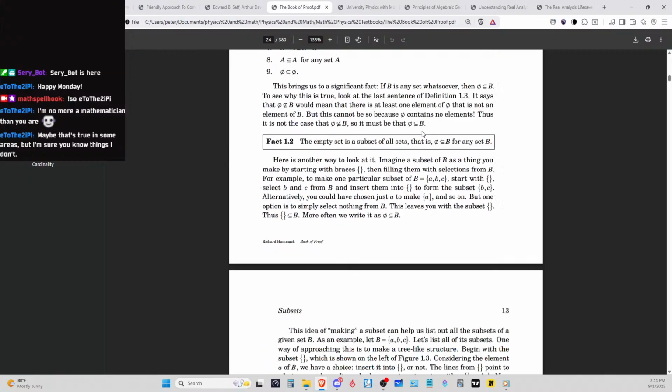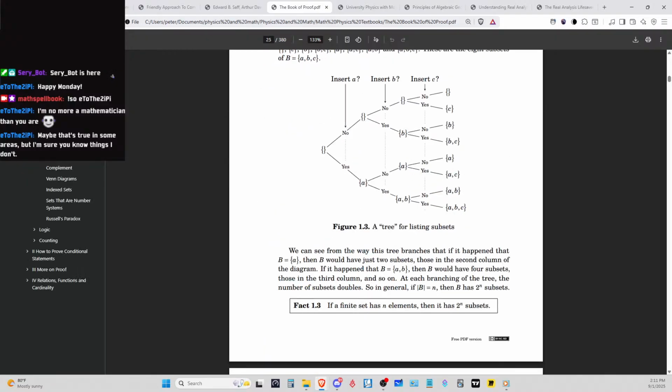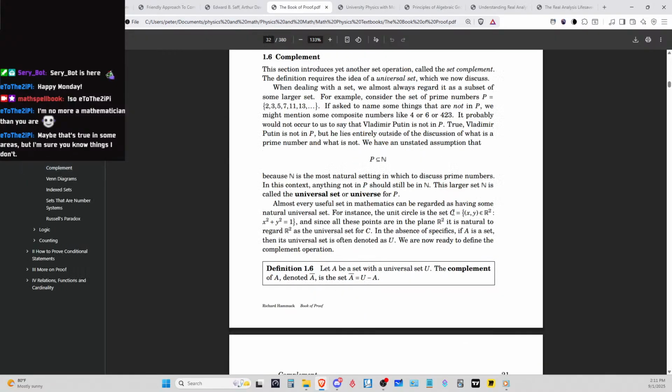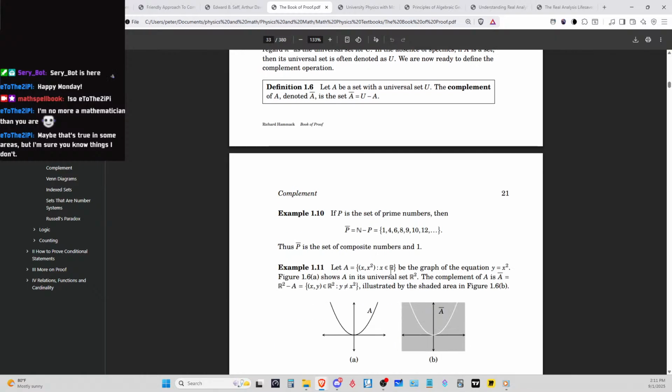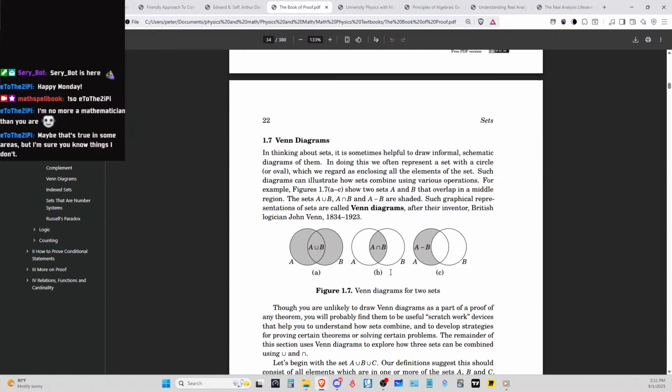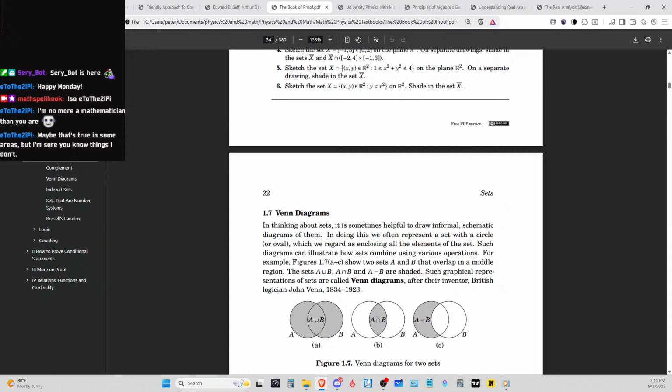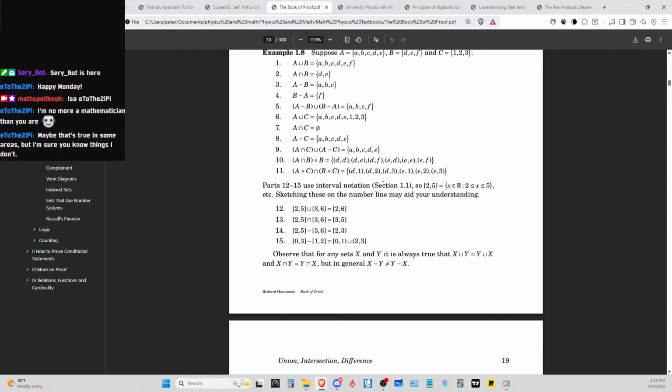Where's complement? They usually have complement in here. Oh, I probably should have done that. But that's not what I'm looking for, though. Am I thinking of the wrong term? I'm probably thinking of the wrong term then. Maybe some differences here.